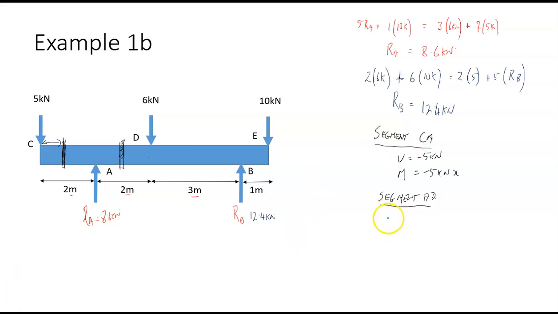So now the shear force V from A to D is going to be equal to, well, we have all the forces to the left here. That's minus 5 kilonewtons plus RA here is 8.6. So that gives us 3.6 kilonewtons.